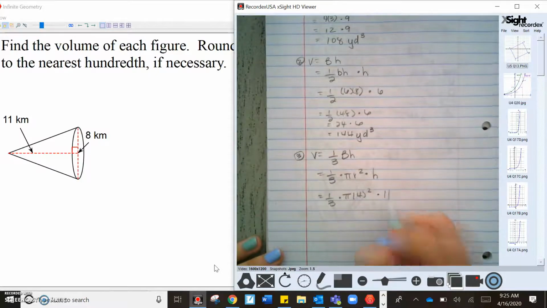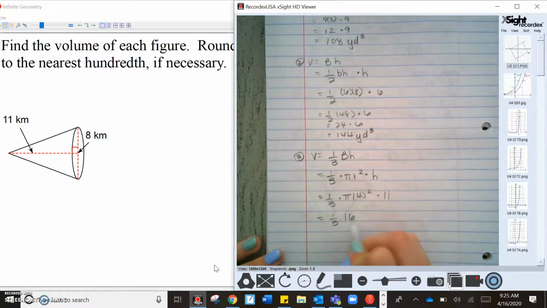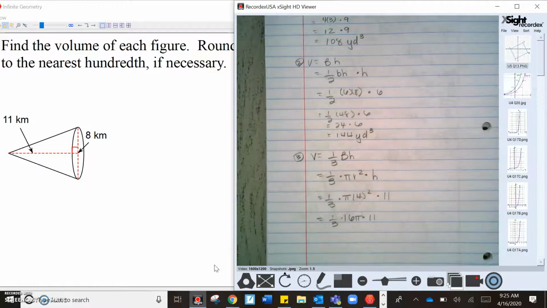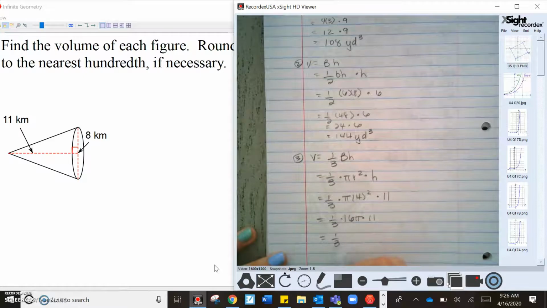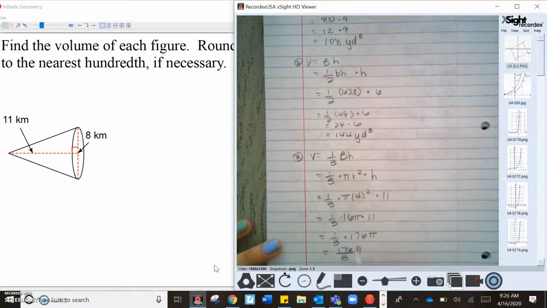And the height of my cone is 11. So 1/3 of 16 pi times 11. So 16 times 11, 1/3 times 176 pi. So we'll take 176 and divide it by 3, and it doesn't go in evenly. So this is 176 divided by 3 pi. And we can say kilometers cubed.